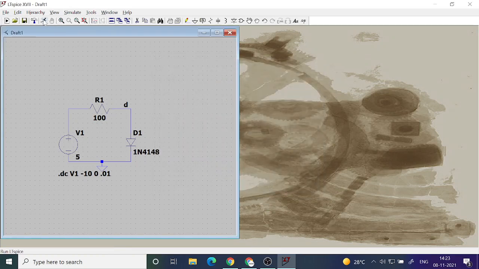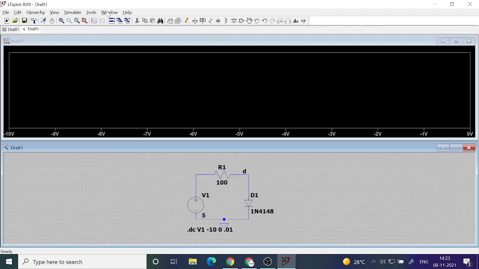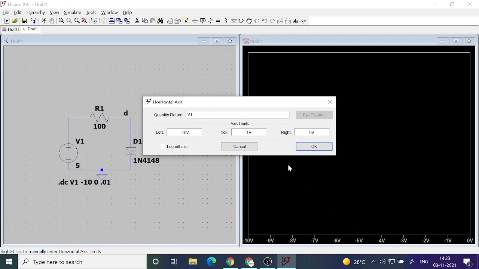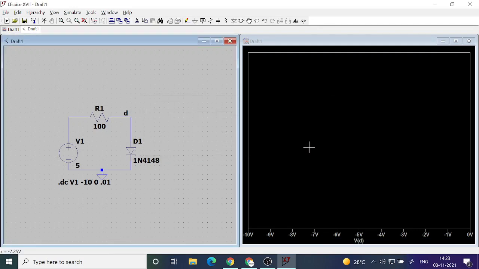So again, let us run it. I'll put the windows vertically aligned. Again, I don't want V1, I would like to have V of D. So I will change V1 to V of D. Okay, so now you see the scale is still the same, hardly any change.